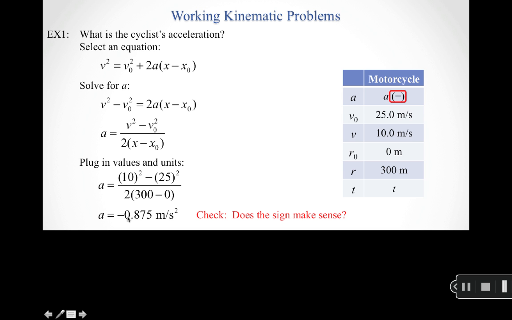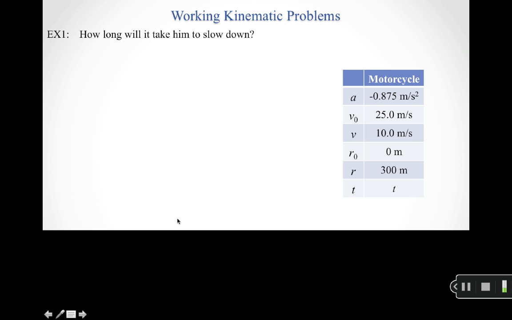I've got a negative answer, but one of the things we said in setting up the problem was that we were picking a coordinate system where the motorcycle was traveling in the positive direction, which meant the velocity values were both going to be positive, but it was slowing down, so the acceleration had to be negative. So sure enough, having a negative sign in my acceleration makes sense. So there's question A. What's the cyclist's acceleration? Negative 0.875 meters per second squared.